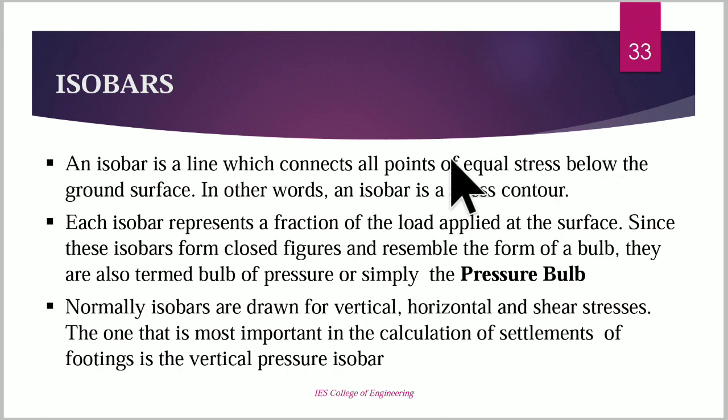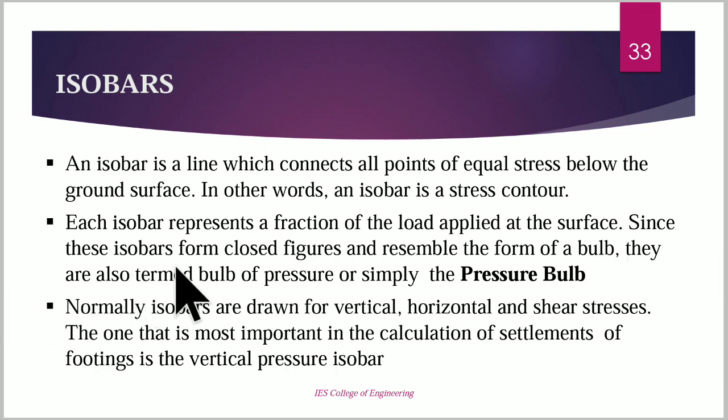Now, coming on to the next topic, isobar. An isobar is a line which connects all points of equal stress below the ground surface. In other words, an isobar is a stress contour. Each isobar represents a fraction of the load applied at the surface.